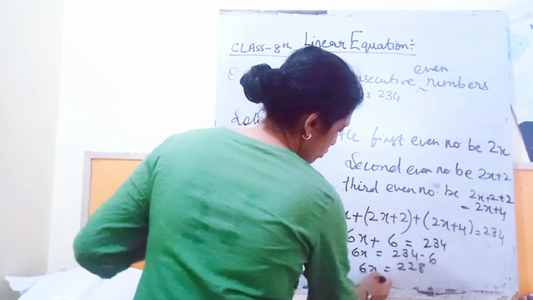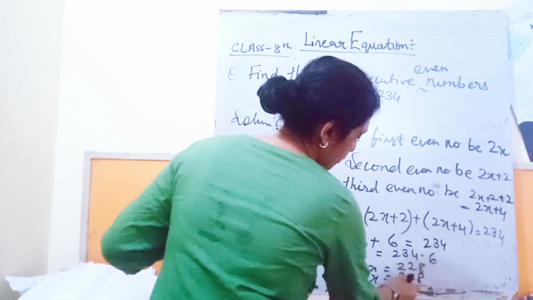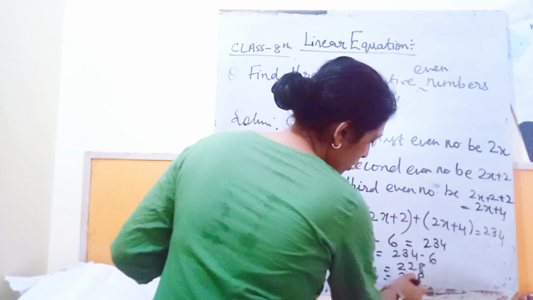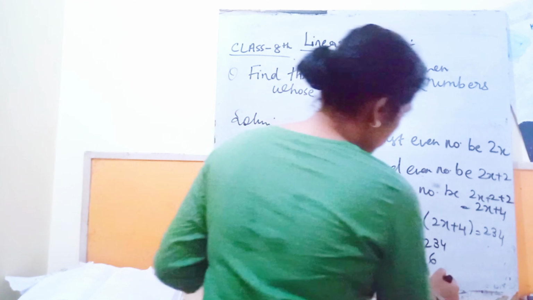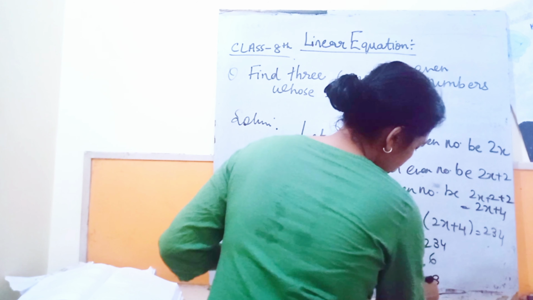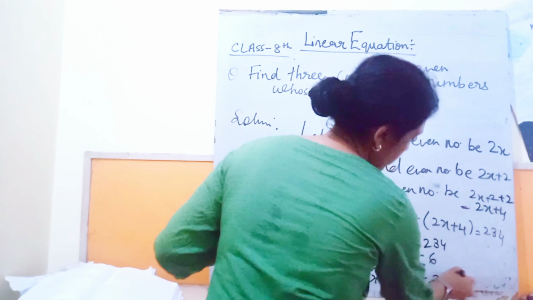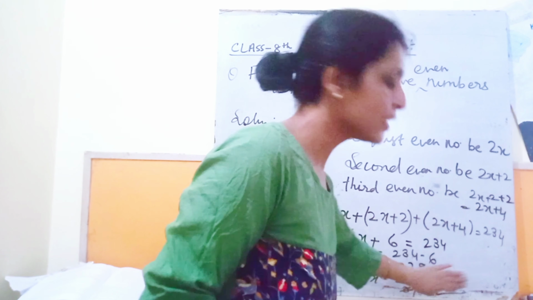When you are going to side transfer, it will be dividing this 228. So it is 6 3s are 18 and this is 3 6 4 8s are 48. So the value of x is 38.